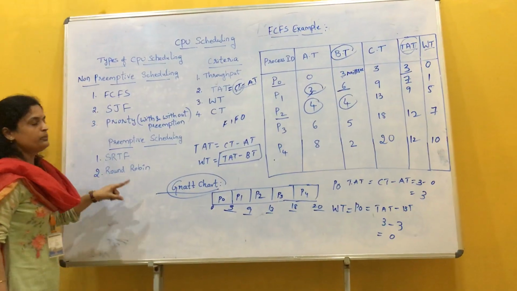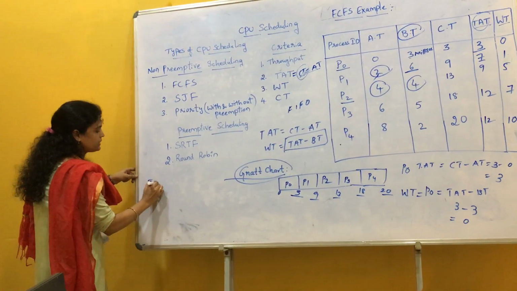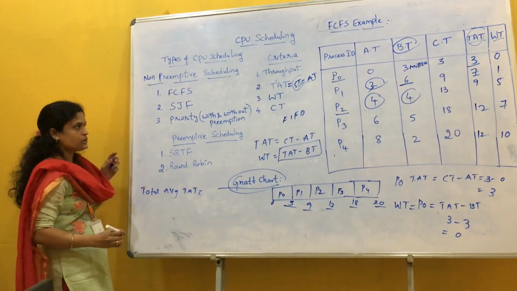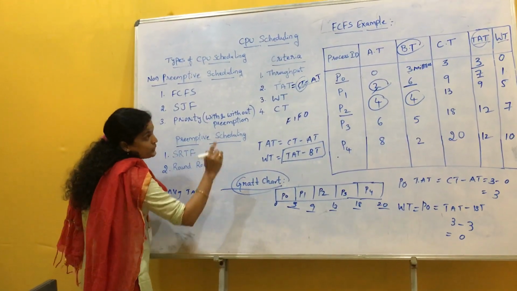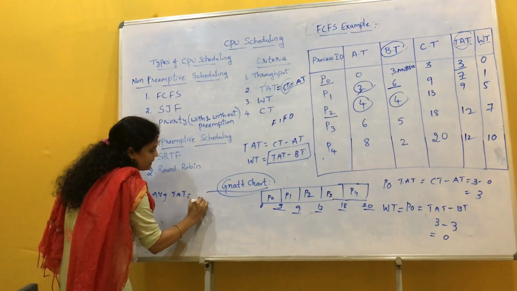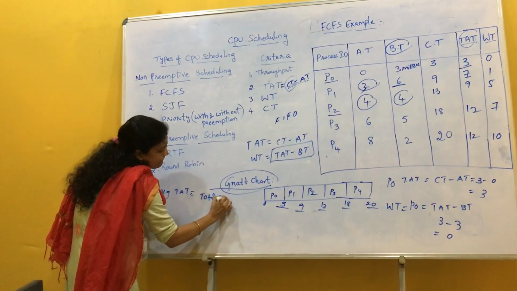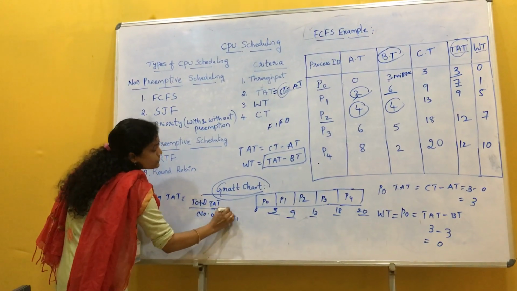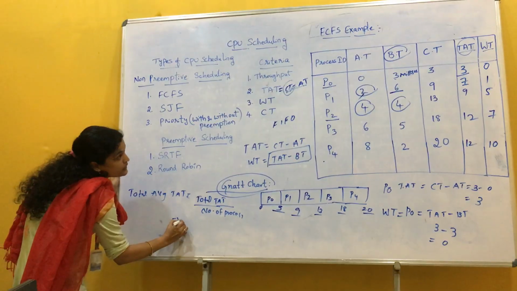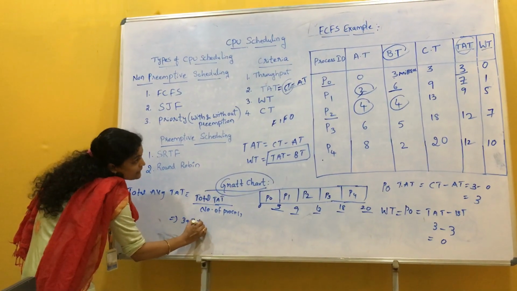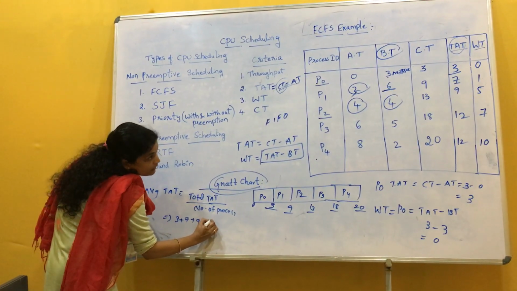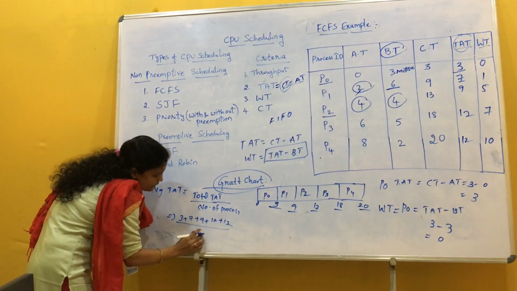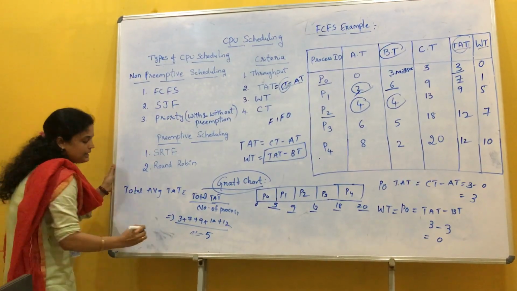Now we need to calculate the average turnaround time, which is the total turnaround time divided by the number of processes. The total turnaround time is 3 plus 7 plus 9 plus 12 plus 12, divided by the number of processes, which is 5.